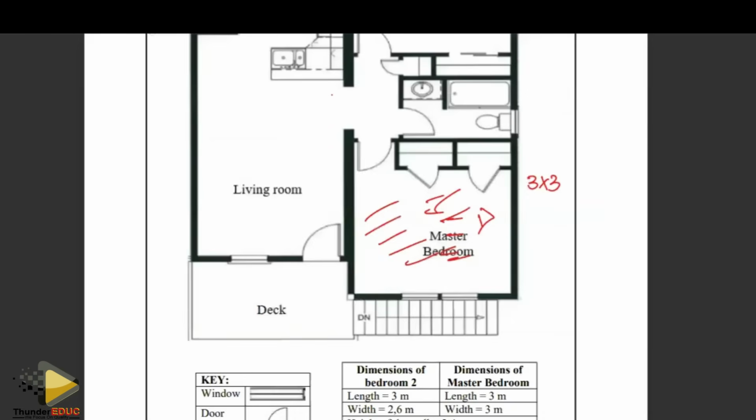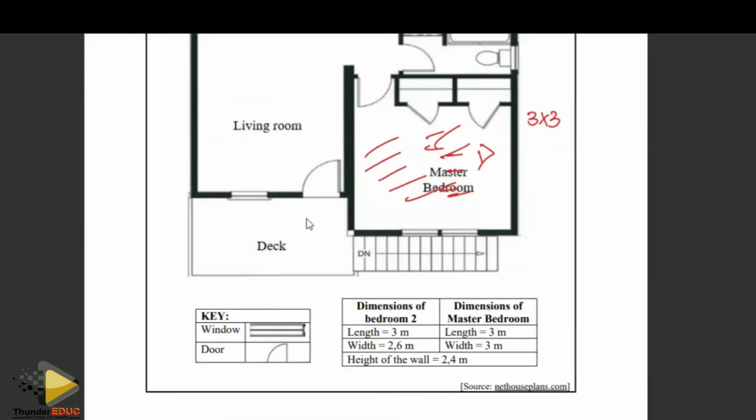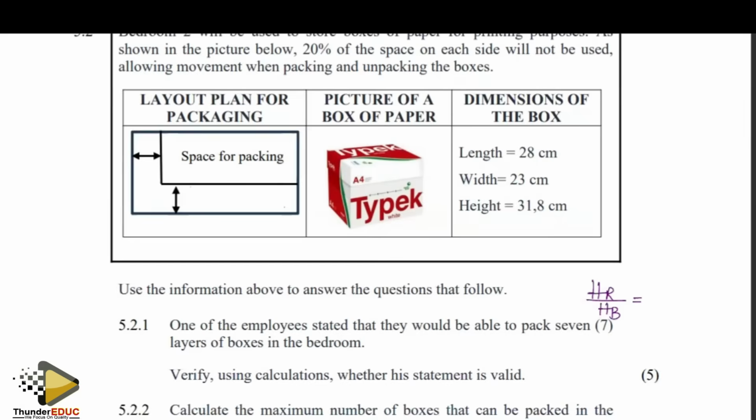So they have told us the height of the wall is 2.4 meters, divided by the height of the box. Divide this by 100 to make it meters, which becomes 0.318.